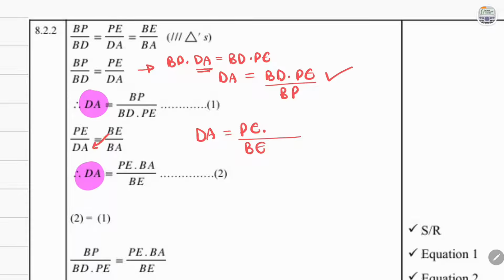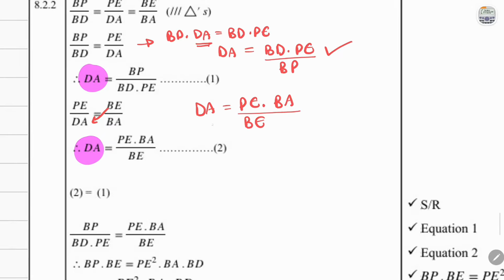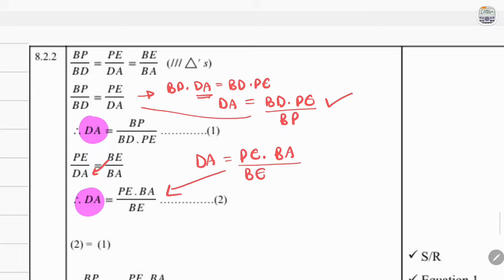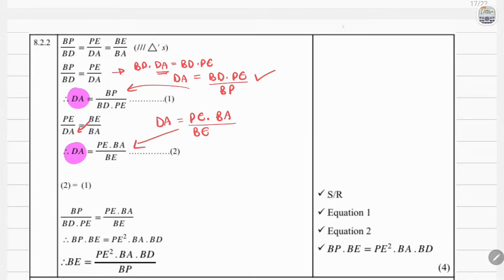And what will go to the top, because we're making DA the subject, we moved BE to the side, so it went to the denominator. So the only thing that would come up here would be this BA. You could also cross multiply, make DA the subject. It would be BA that you have here. So you see how they follow that? That's perfect. But because they didn't follow it here, that's where it seems like the error came.